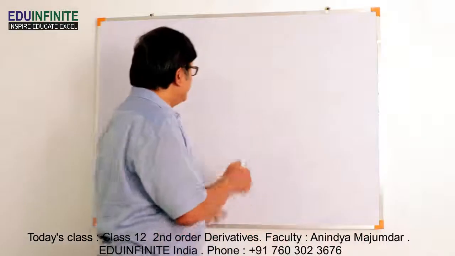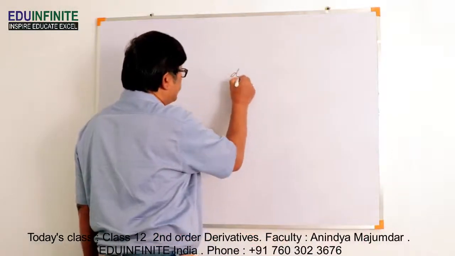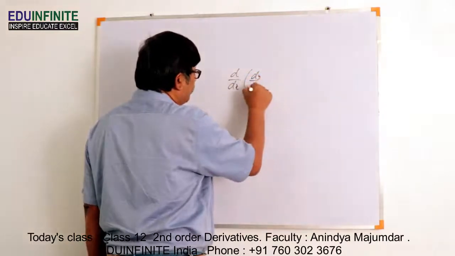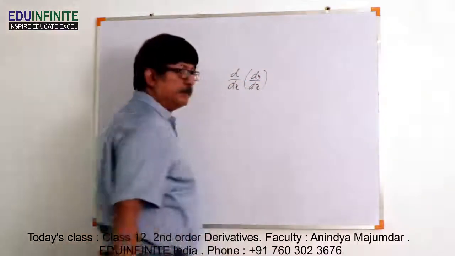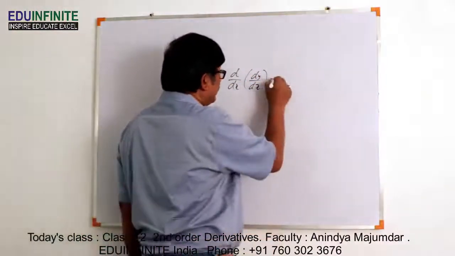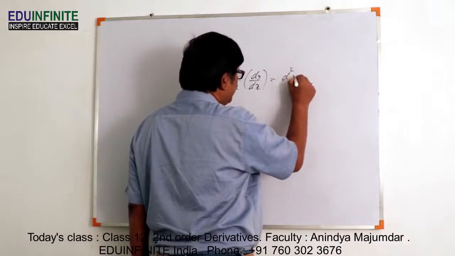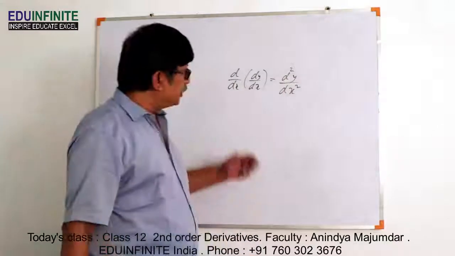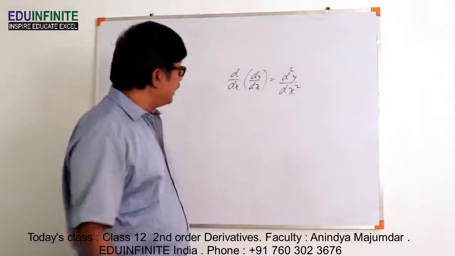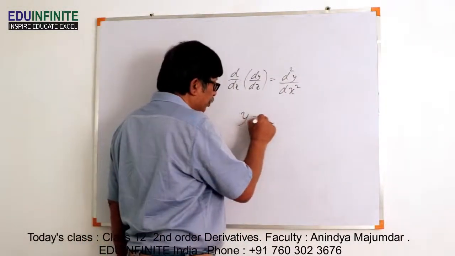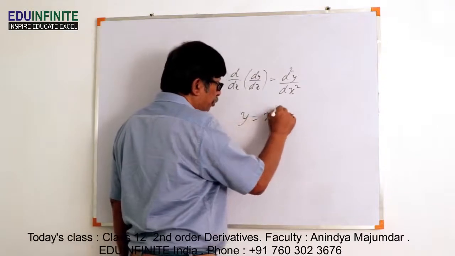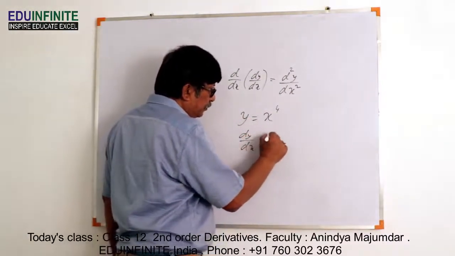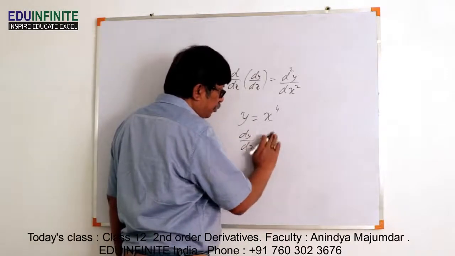What is that? If we differentiate d/dx of dy/dx, it becomes d2y/dx2. Say I'm talking about y is equal to x to the power 4. dy/dx is how much? 4x cubed.